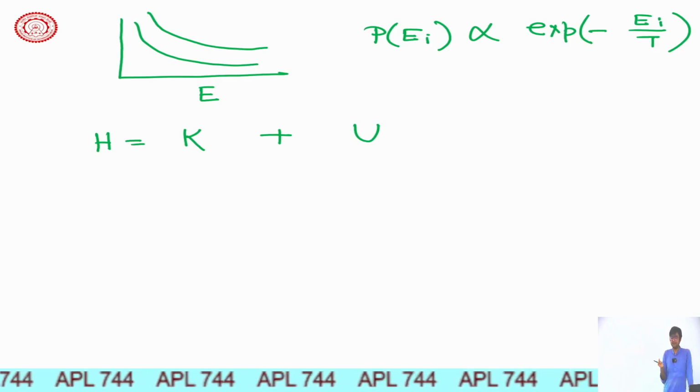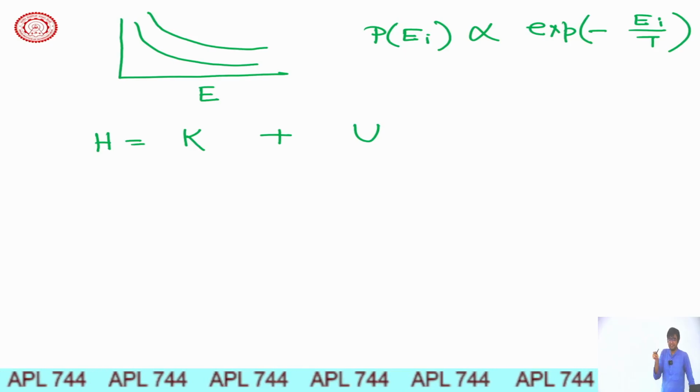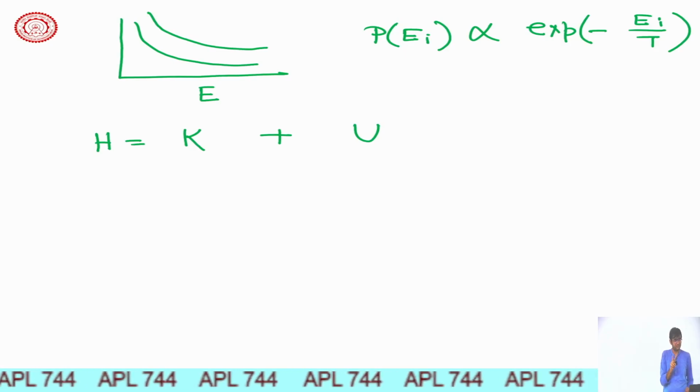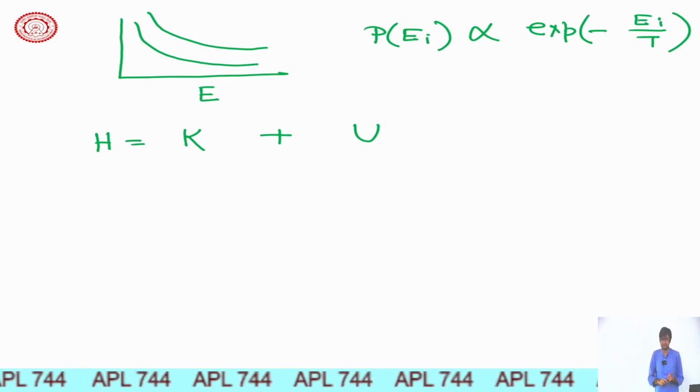A particle is characterized by the position where it is, which is theta i. Theta is the position, and the momentum it has. So a particle will be characterized by two things: the position and the momentum.